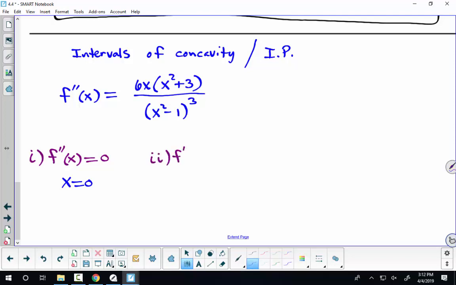When's the second derivative undefined? Is x squared minus 1 to the third 0? That's 1 and -1.